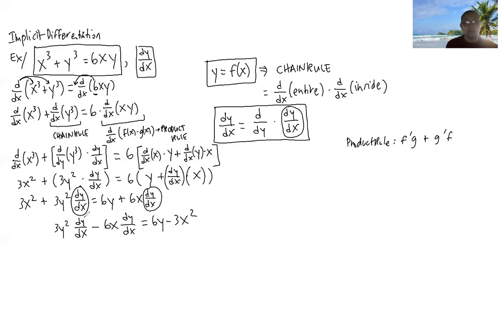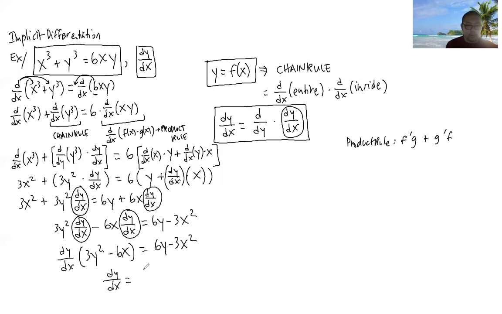Factor out dy dx. Now you have dy over dx times 3y squared minus 6x, right, is equal to 6y minus 3x squared. Divide this entire term to get dy dx by itself. Dy over dx is equal to 6y minus 3x squared over 3y squared minus 6x. This is your final answer, right?